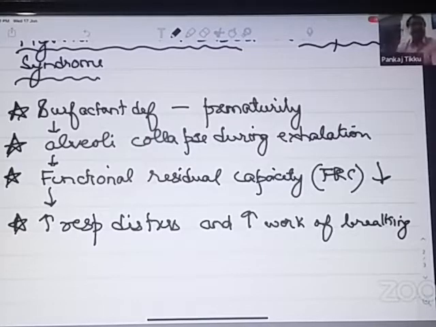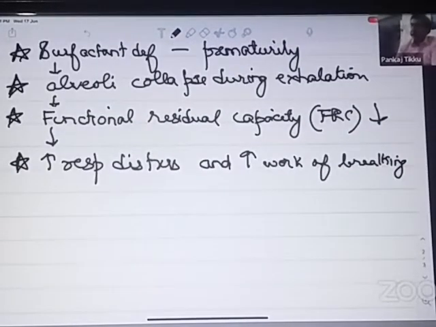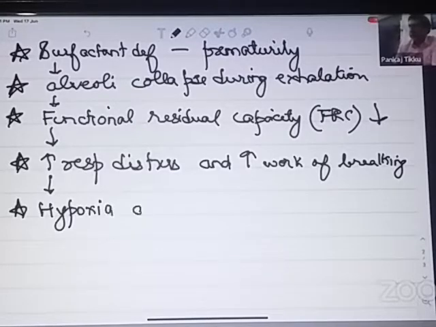Now, when there is fast breathing and increased respiratory distress, this will lead to hypoxia after birth.